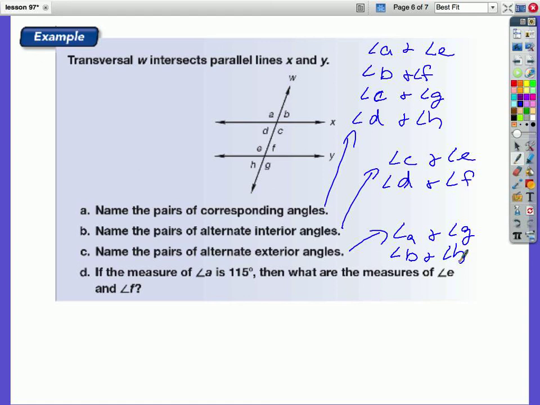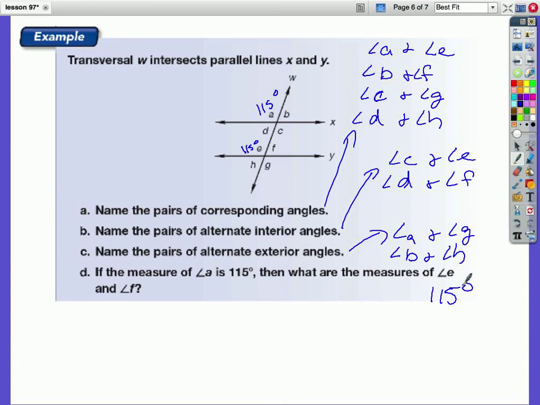Letter D says that if the measure of angle A is 115 degrees, then what are the measures of angles E and F? So A is 115 degrees, and I want E and F. If angle A is 115 degrees, we talked about how corresponding angles are equal in measure. Since A and E correspond, E needs to be 115 degrees.